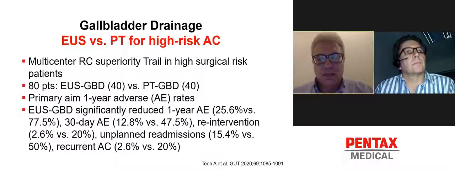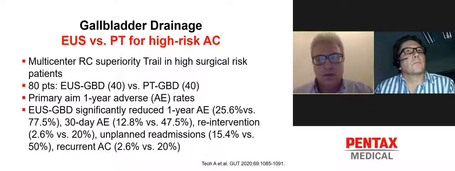I think when you perform gallbladder drainage and you have stones, you have to place at least a 10 by 10 millimeter stent that allows you to go inside. Sometimes this can be difficult in the deep duodenum, when the gallbladder is approachable only from the deep duodenum.